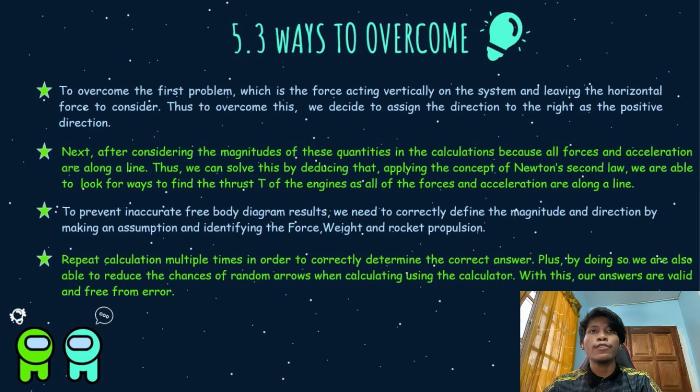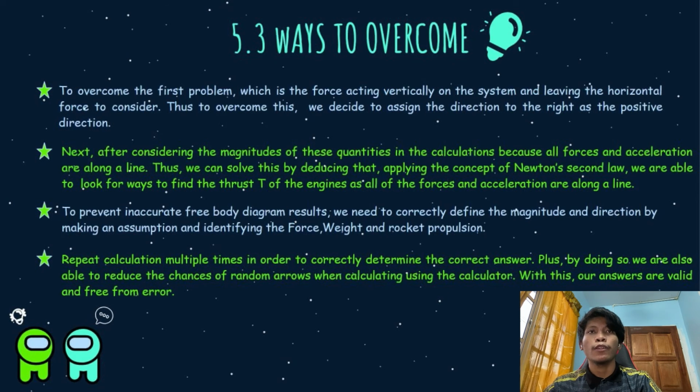Next, after considering the magnitude of these quantities in the calculation, because all forces and accelerations are along a line, we can solve it by applying the concept of Newton's second law to find the thrust of the engine.